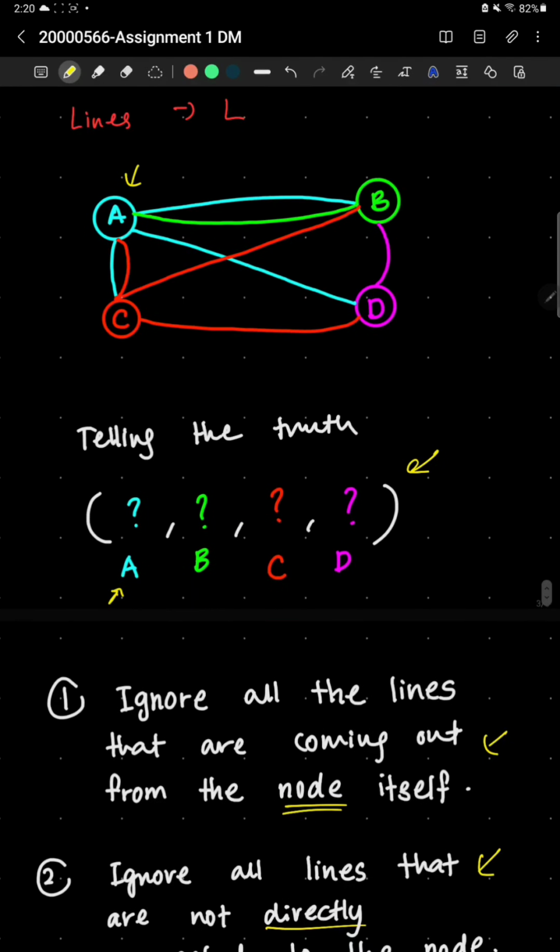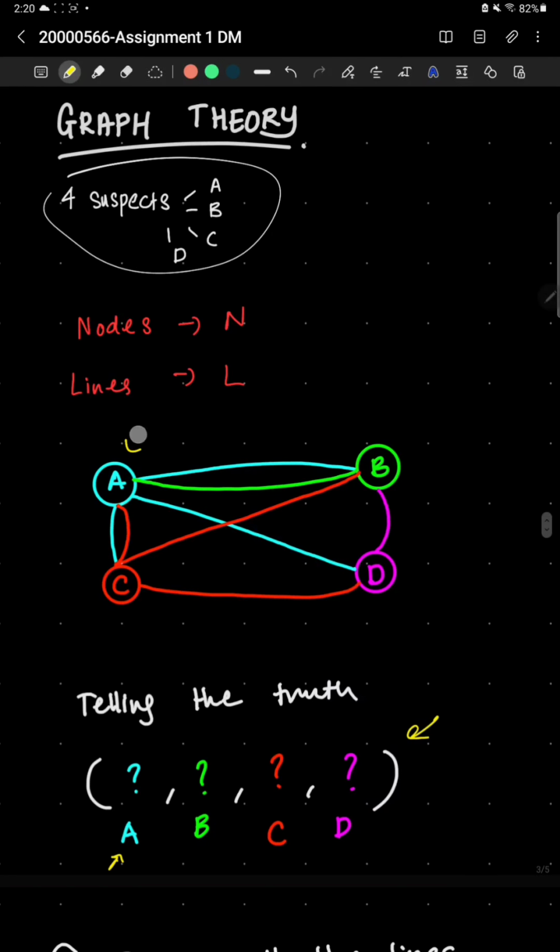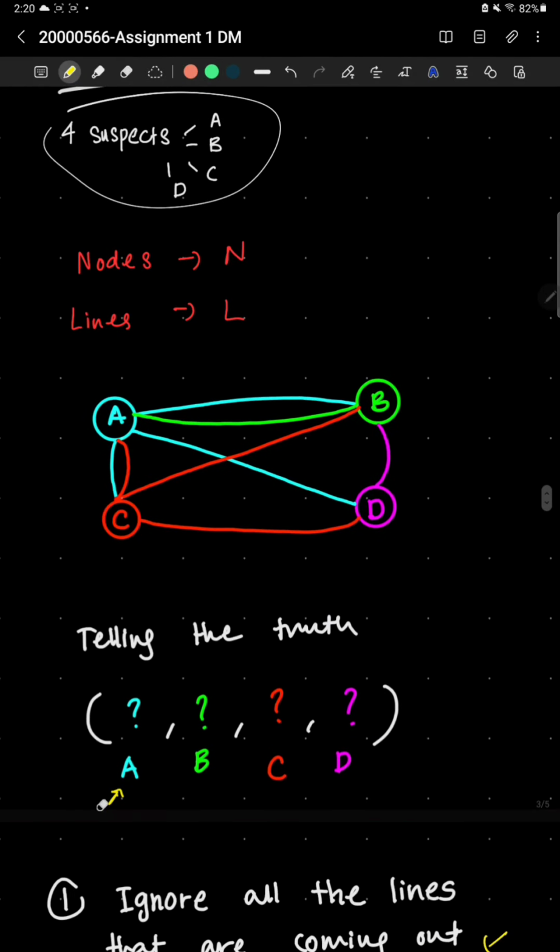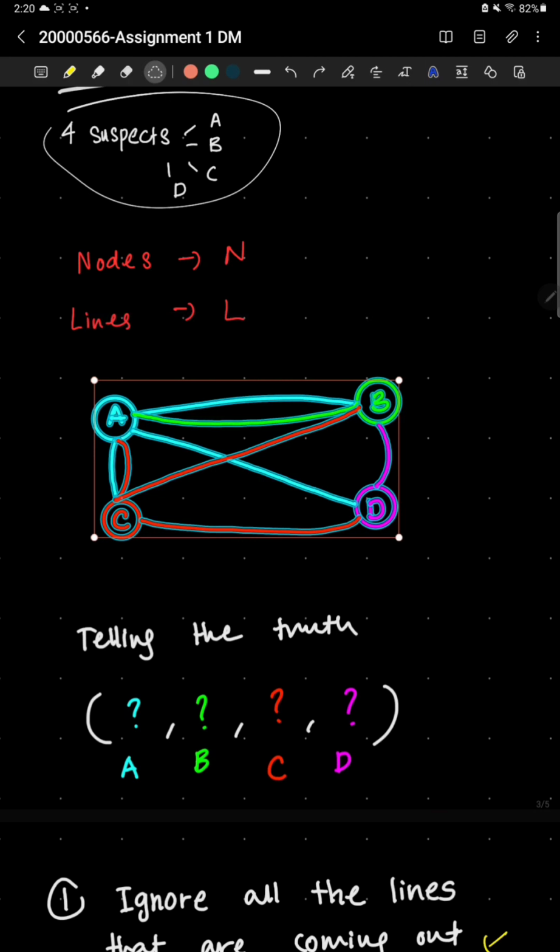I'm sorry for my handwriting. Now let's go one by one. Let's do A. For A, the first step is to remove all the lines that are coming out from A. Before that, I want to save it first, so that I don't need to draw later.